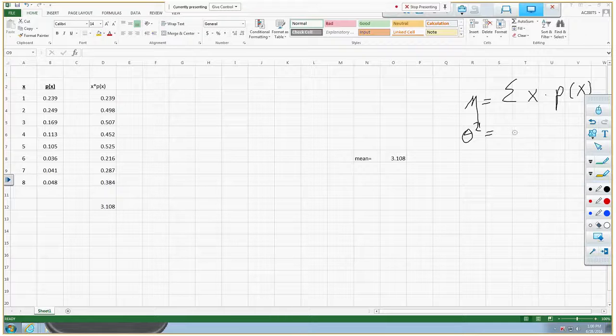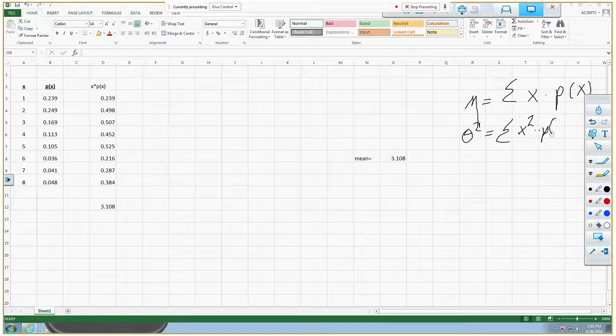The summation of x squared times p of x, and then minus the mean squared, right? Well, y'all give me time to get it out.